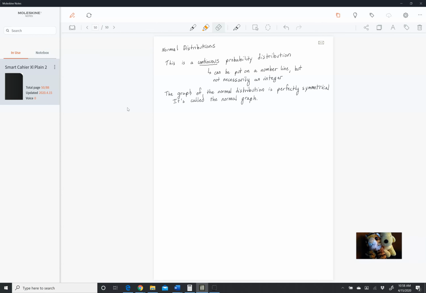The first thing is, because it's perfectly symmetrical, the mean is equal to the median, and actually that's all equal to the mode as well. So that's the first thing.